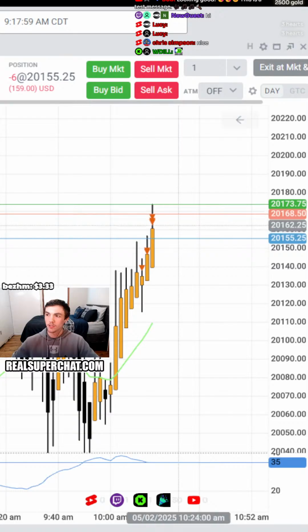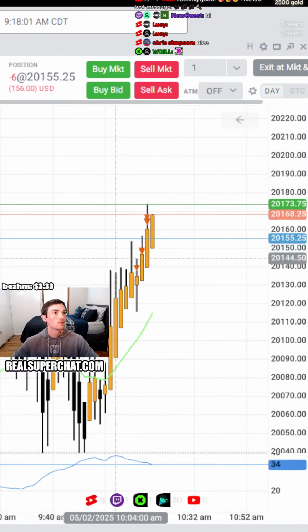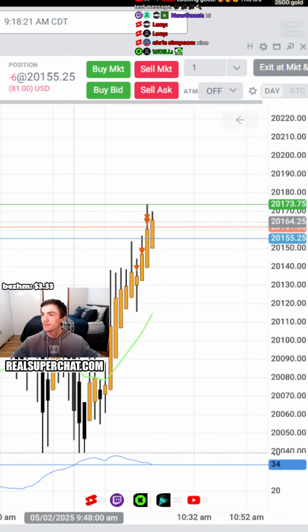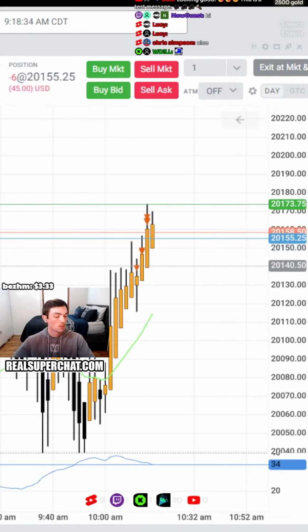Could have been a little more aggressive. I would have been out a little bit right here. Looks pretty weak. Yeah, it seems to be dropping.